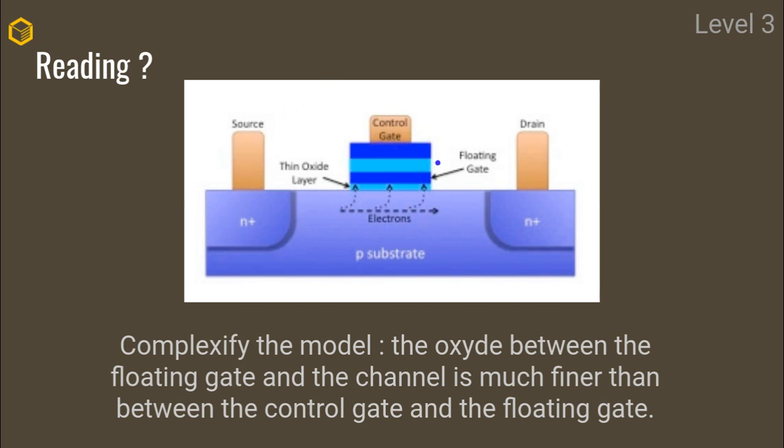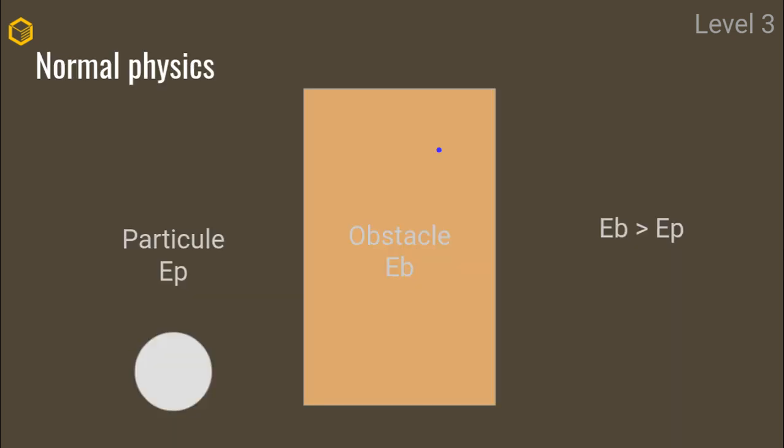In reality, the isolating oxides between my floating gate and my control gate are much thinner between the channel and the floating gate than between the floating gate and the control gate. And this is very important.